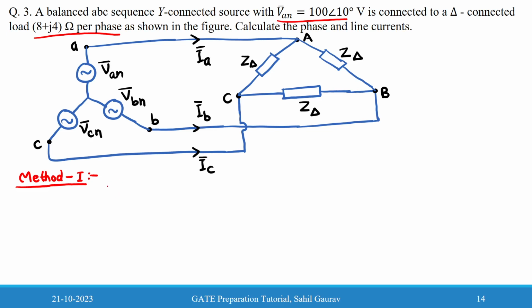So here Z delta load impedance is given as 8 plus j4 ohm. So if you write in phasor form, it is 8.944 at the angle of 26.56 ohm.